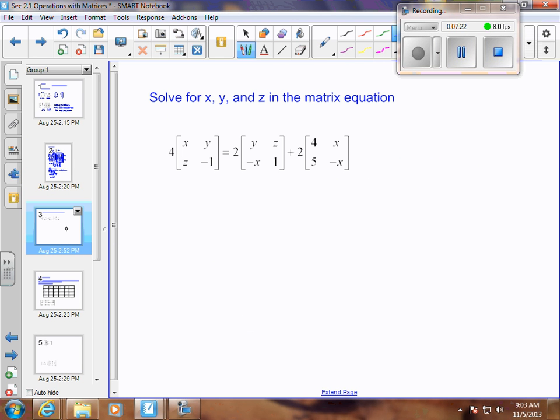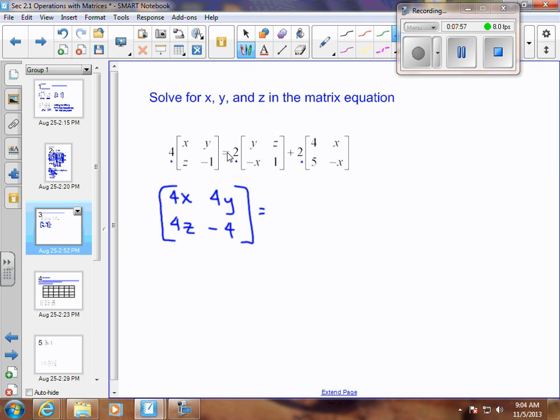Next, suppose we're given matrices and asked to solve for x, y, and z in the matrix equation. Order of operations. On the right-hand side, we have a scalar to multiply by each matrix. On the left-hand side, we have a scalar to multiply by the matrix. So I'll do that first, so that my left-hand side becomes 4x, 4y, 4z, and negative 4.